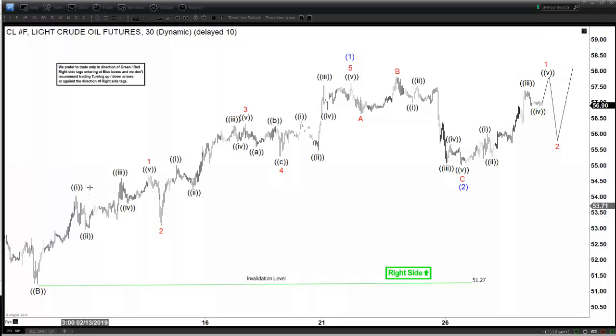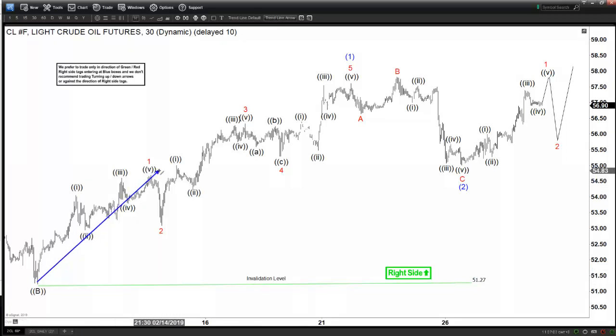You can see the subdivision is all in 5. We got 5 waves up, a pullback, another what looks like 5 waves up, another pullback, and another 5 waves up. So we ended a 5 waves up from this low and ended with one here, and this is within a C leg, so you can assume it's an ABC, right?